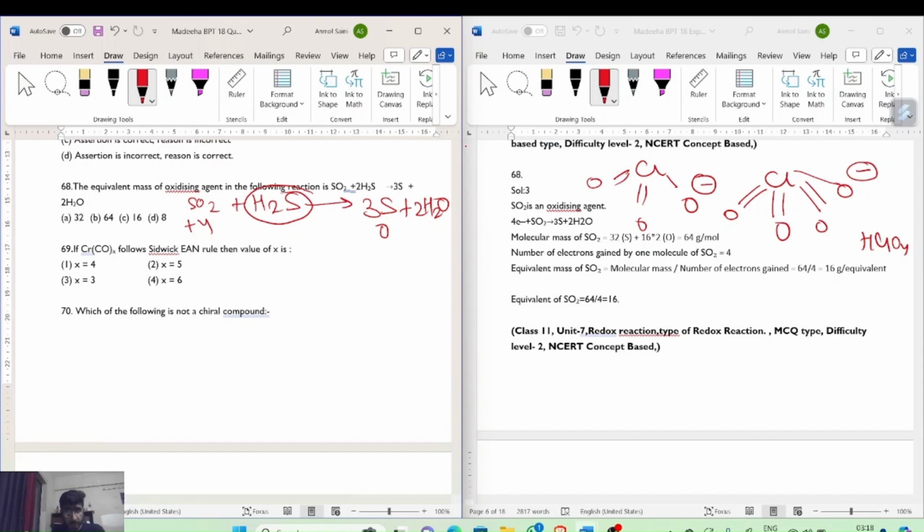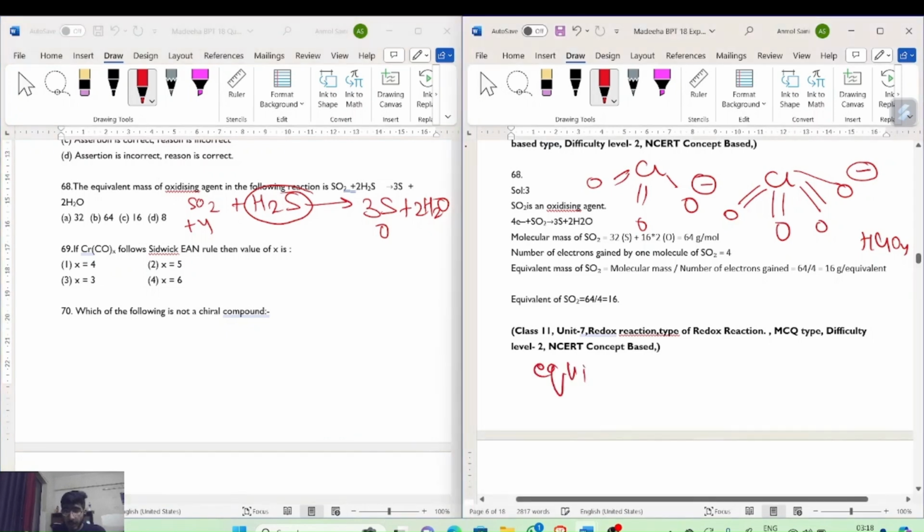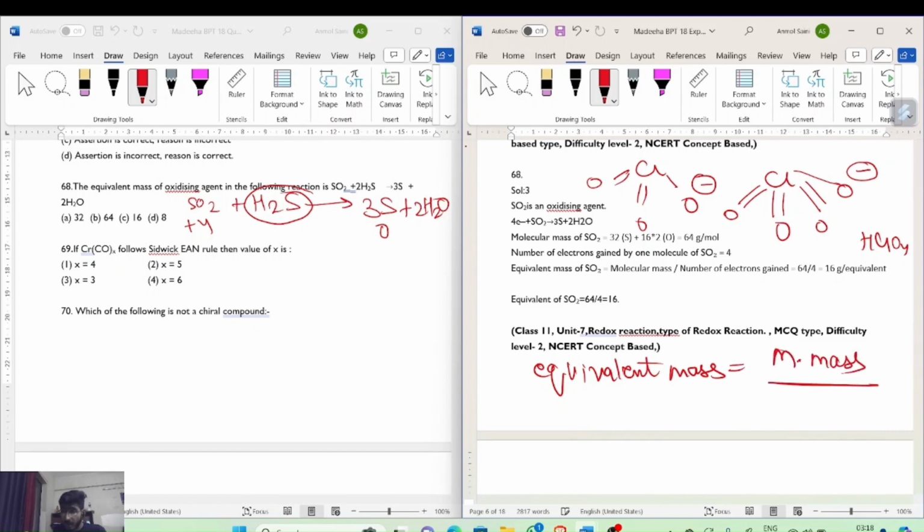For calculating equivalent mass, it is equal to molecular mass divided by the number of electrons gained or lost.